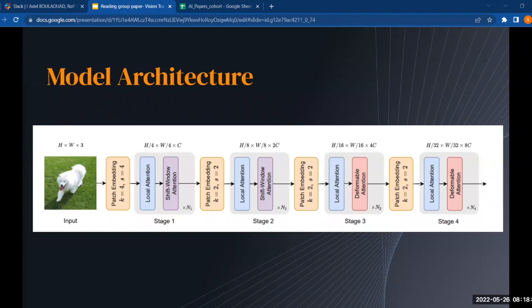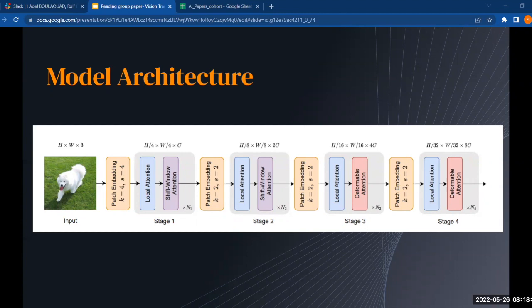So in the model architecture, as you can see, a typical deformable attention block consists of 4 stages. As opposed to a normal transformer, in this the vanilla multi-head self-attention block is replaced with a deformable attention block. So when we combine it with the MLP, we have a deformable vision transformer block.